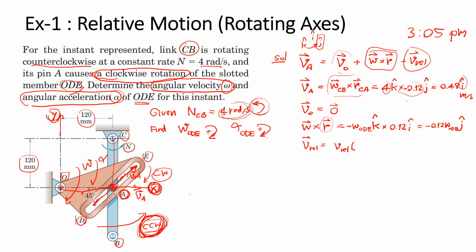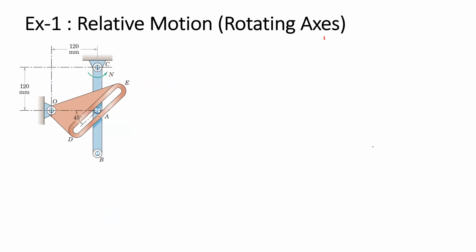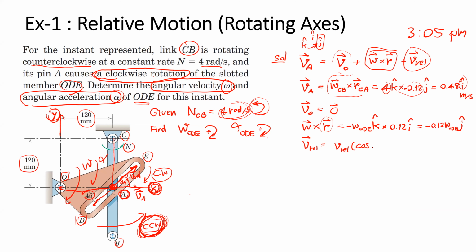The direction of the slot we have cosine 45 degree I and sine 45 degree J. The slot is fixed on the part ODE, and we attach the frame X, Y, I, and J on the part ODE.